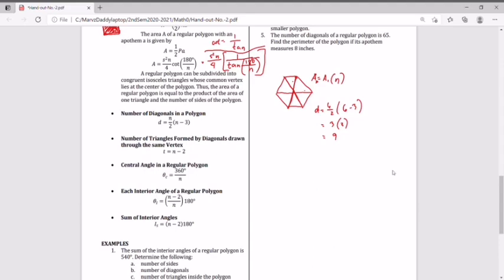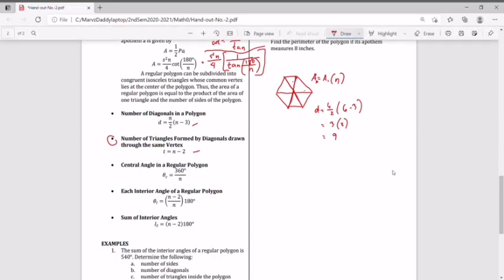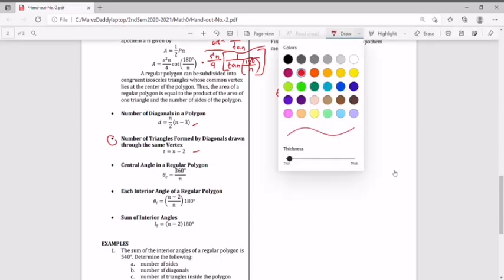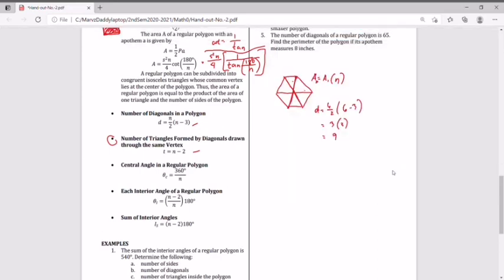This one, lahi sa ni siya. So, kani, this is the number of triangles formed by diagonals drawn through the same vertex. So, kani siya, number of triangles. Say for example, from this vertex, magdraw ka og diagonal.